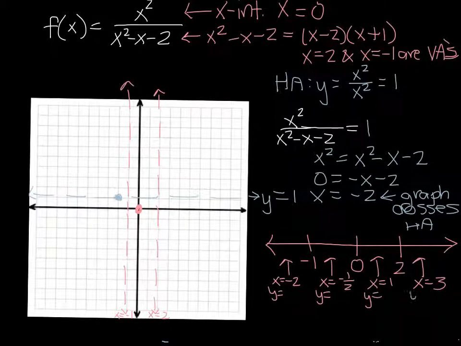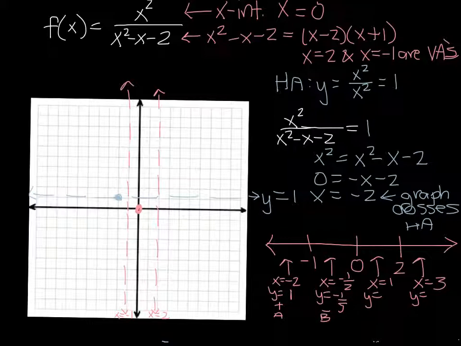And if it's positive, it means its behavior is going to be above the x-axis. If it's negative, its behavior is going to be below the x-axis. So when x is equal to -2, y is equal to 1, which is positive. So this will be above the x-axis. When x is equal to -1/2, y is equal to -1/5, which is negative, so it's going to be below the x-axis.